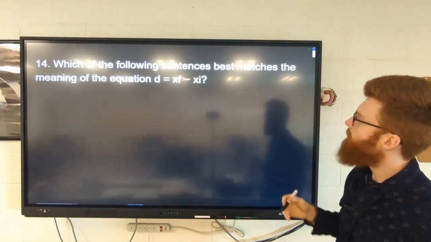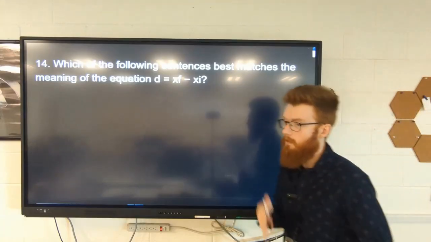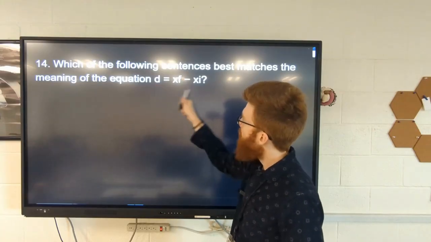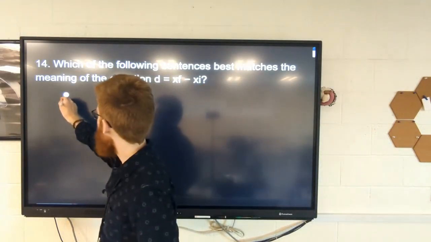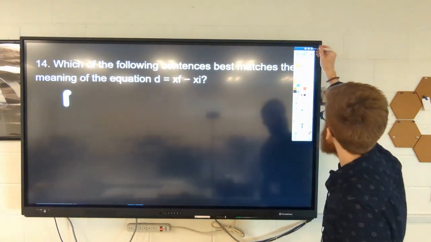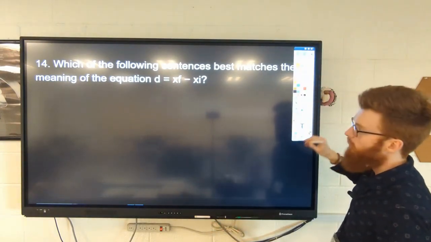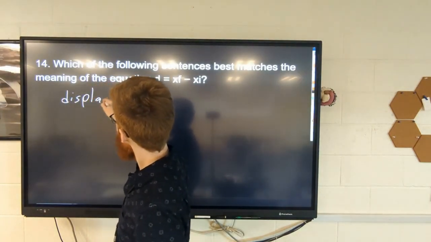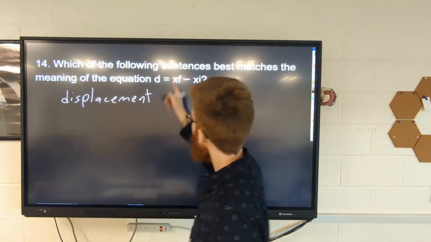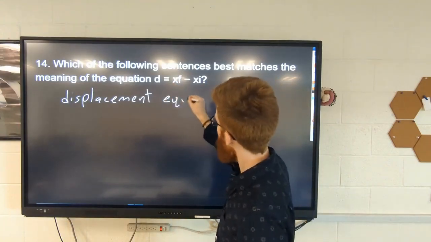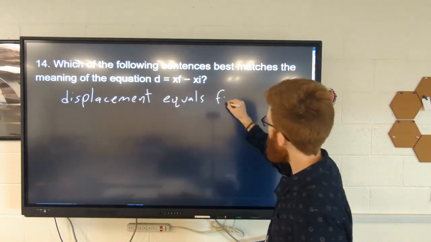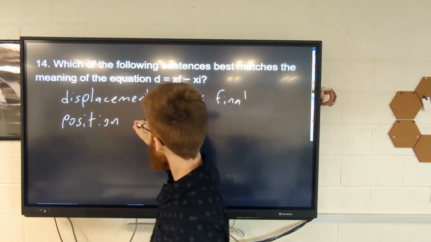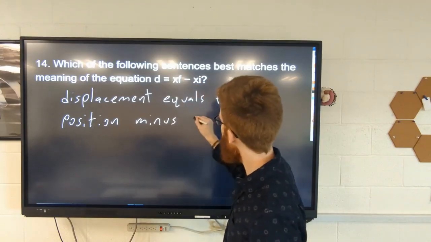Which of the following sentences best matches this equation's meaning? For that, we're just going to write out in words what this means. So that D is in reference to two positions, so that's got to be a displacement. Literally everything that can go wrong will go wrong. D is displacement equals final position minus initial position.